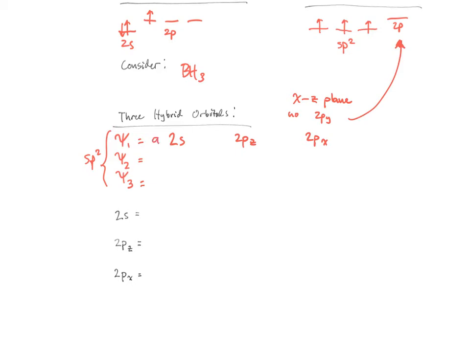Okay, there's going to be some normalization constants out in front of each of these. We can call it A1, B1, and C1, and those just represent the different proportions of each of the atomic orbitals within the hybrid orbitals. So that means there's going to be a different coefficient for psi2, and then also psi3.